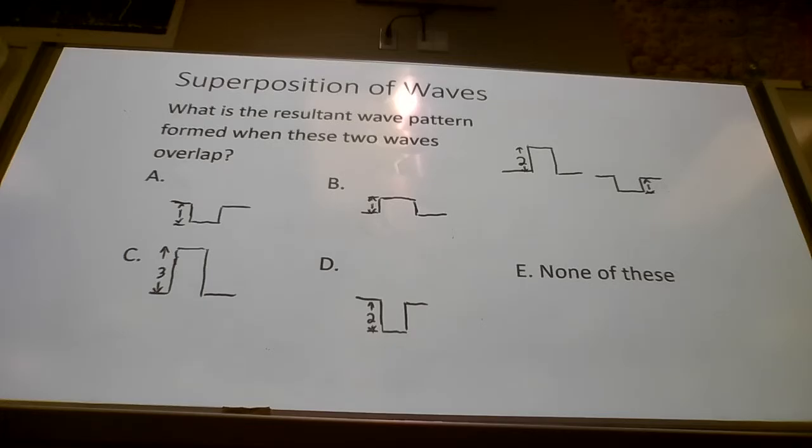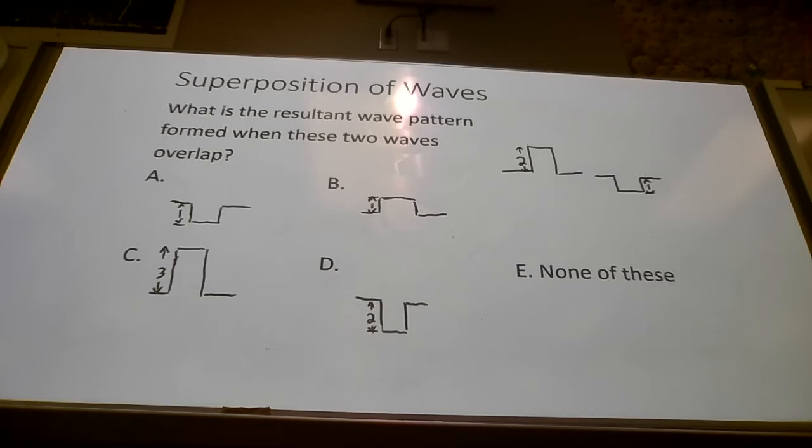Tell your neighbor what you think. Very good, the correct answer is B. Is that constructive or destructive interference? Destructive. Going against each other.